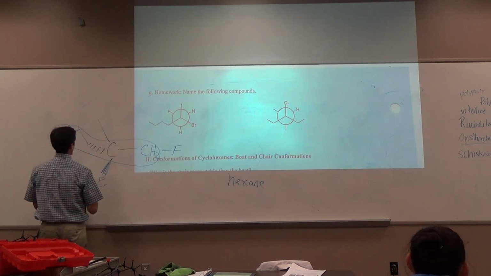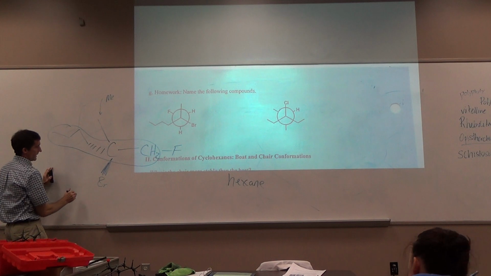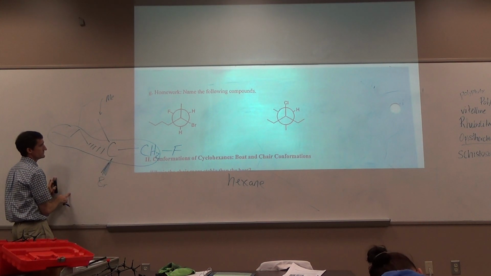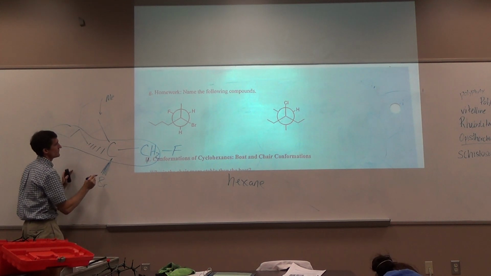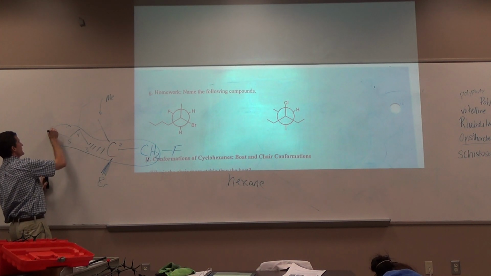What's on the hexane? I see a methyl, a bromo, and a fluoro. What's the 1 position? 1, 2, 3, 4, 5, 6.